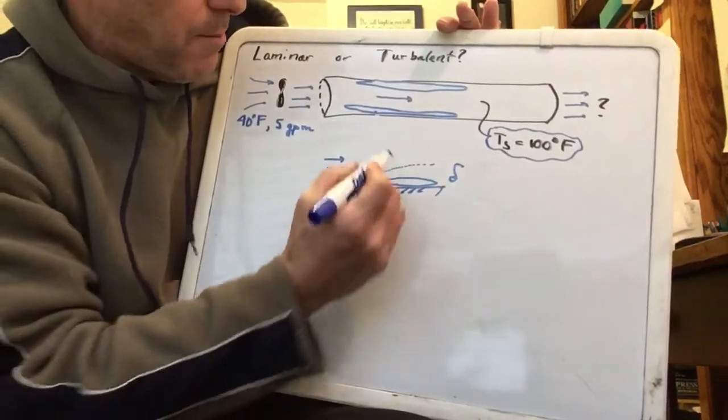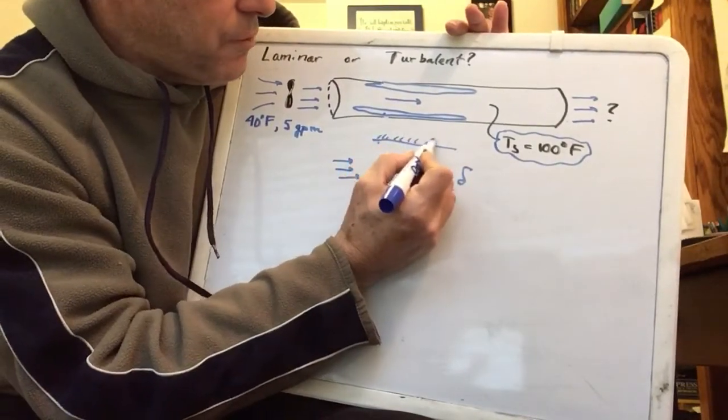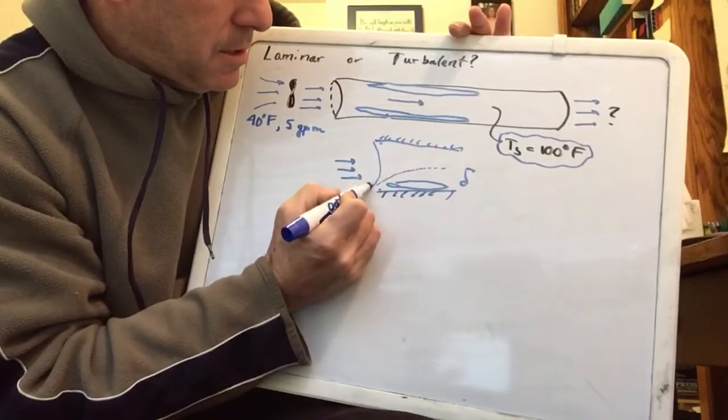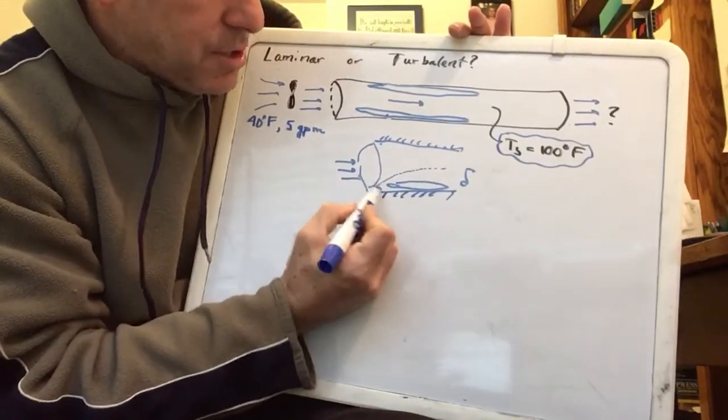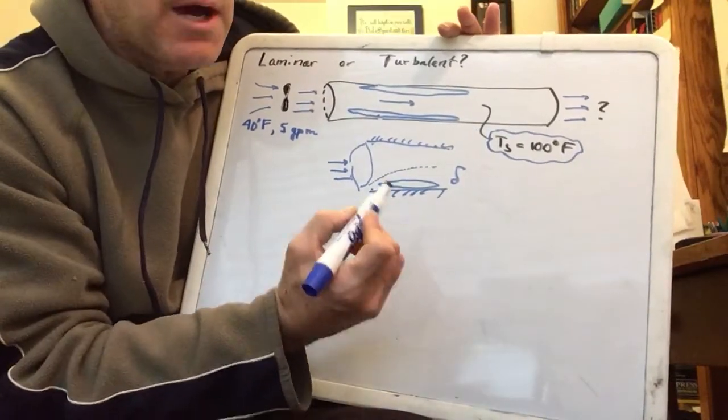Well, how does it look for a pipe? A pipe's a little bit different because we have the fluid completely surrounded. All the fluid, not just the fluid, say, at the bottom, ends up being affected by friction. So what does it look like?